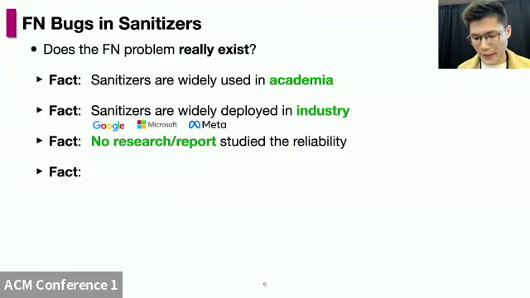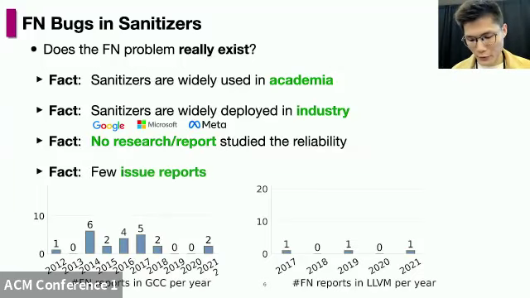The third fact is that there is no public research or report that ever questioned the reliability or robustness of sanitizers. The last fact is that if you track the number of problems in the sanitizer bug trackers over the last decade, you can only find a few, and most of them are just usability problems, not reliability or robustness problems.